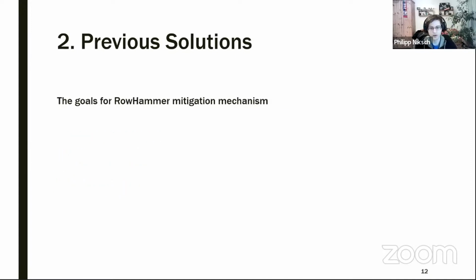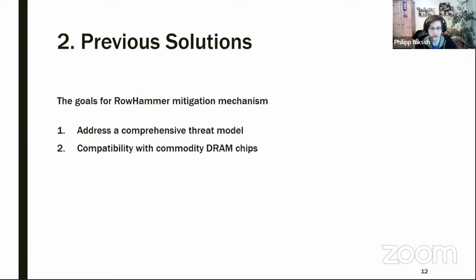This brings us to the four main goals this paper poses to its own mitigation technique. It needs to address a comprehensive threat model without making any major assumptions about the attacker. The technique needs to be compatible with commodity DRAM chips without knowledge or alterations to their internals.